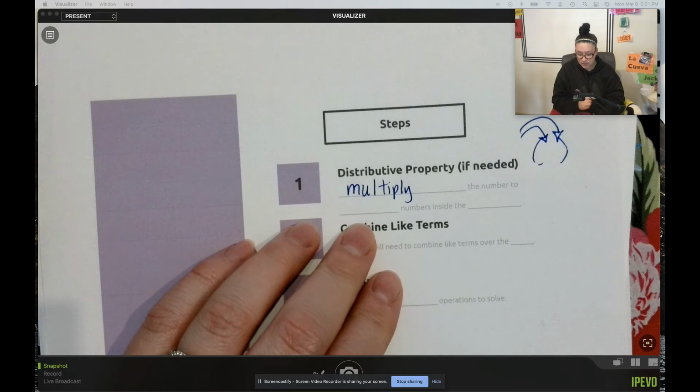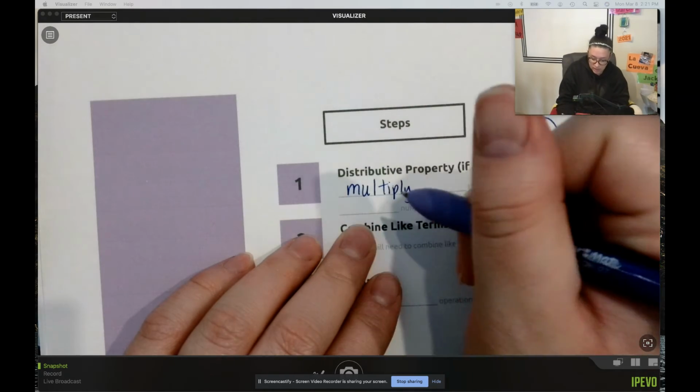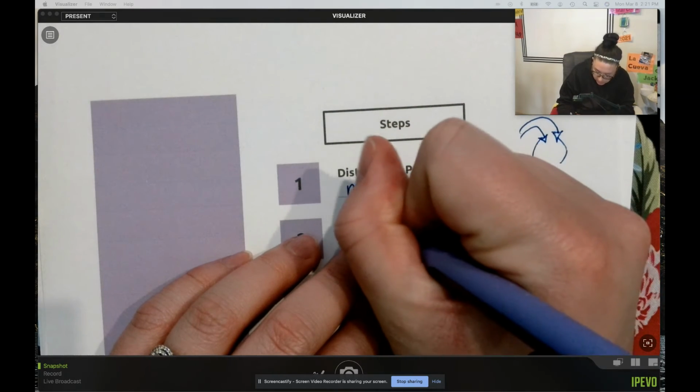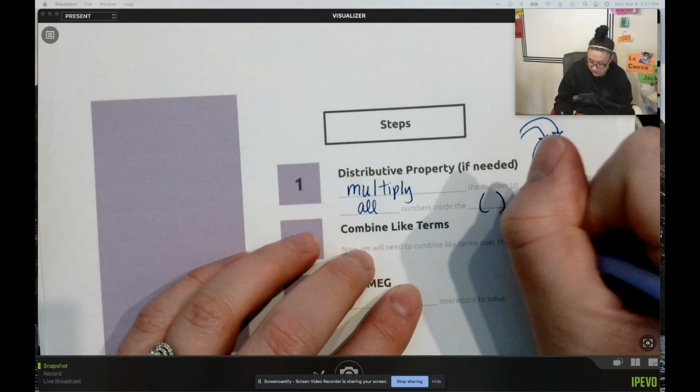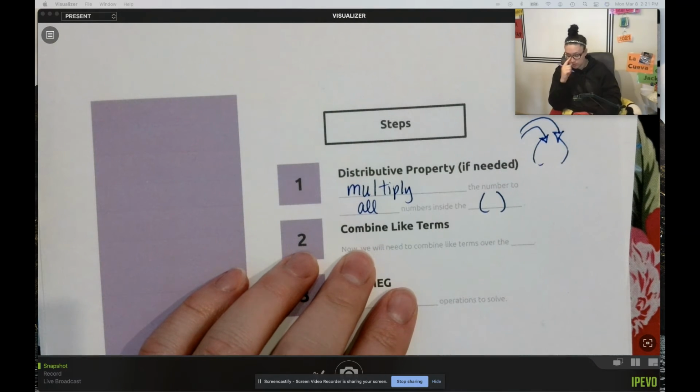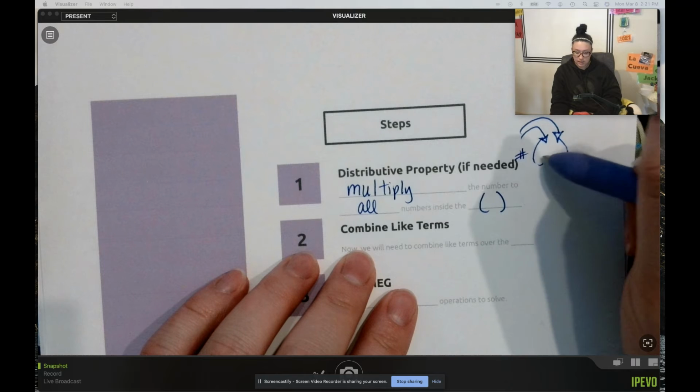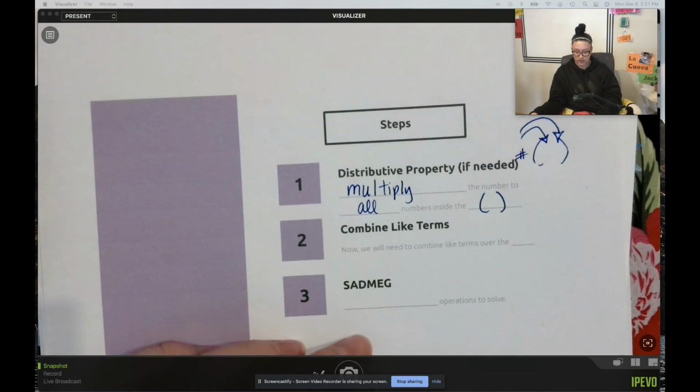Multiply that number on the outside times everything inside those parentheses.